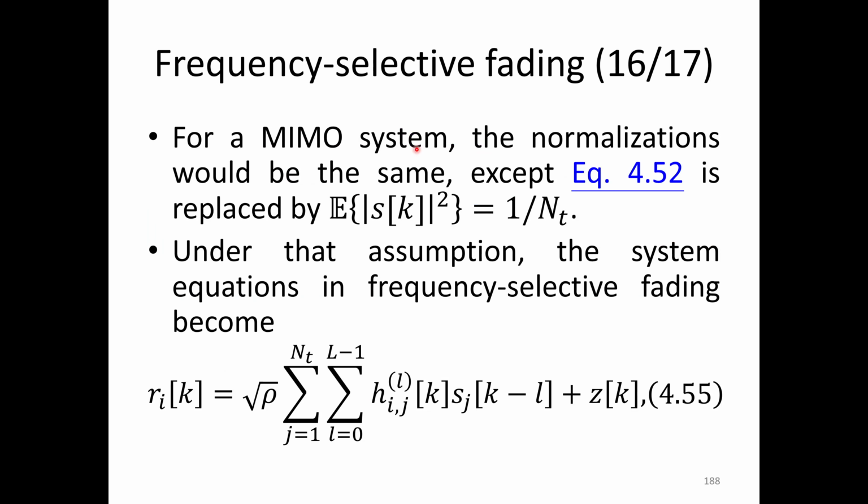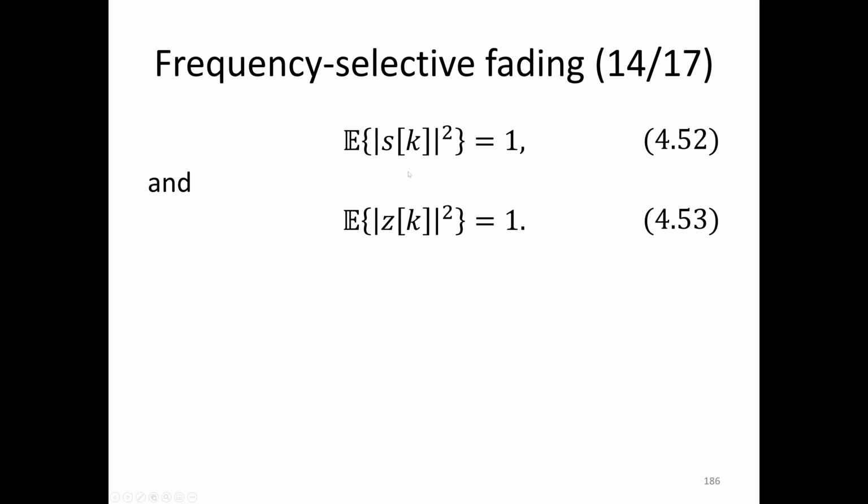For a MIMO system, the normalizations would be the same, except equation 4.52. Let us see equation 4.52. Here the expectation of the square of the absolute value of S of k is equal to 1, that is the average power of the transmitted signal or symbol is equal to 1.